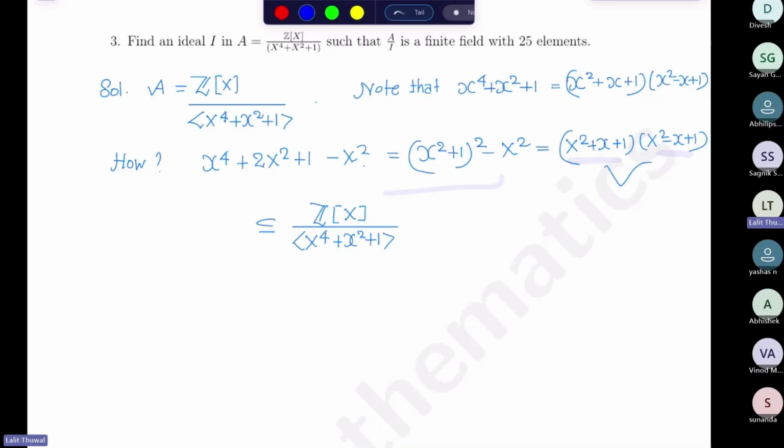Why are they co-maximal? So what linear combination gives you the one? To apply the Chinese remainder theorem, that might not be needed here, but I just want to ask you a question for the sake of question: are these co-maximal? Obviously, their GCD is 1. They are irreducible. One can be written as a linear combination in Q[x] because Q[x] is a PID, but Z[x] need not be. So I'm just asking whether or not they are co-maximal.